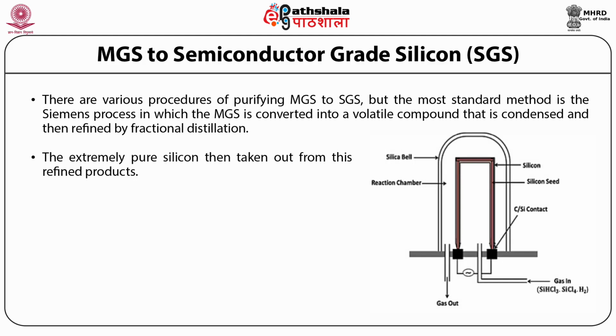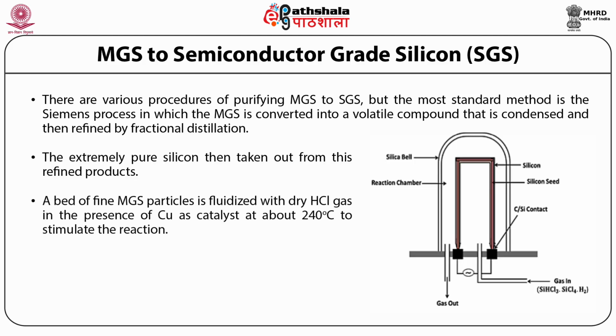The detailed procedure is that a bed of fine MGS particles is fluidized with dry HCl gas in the presence of copper as a catalyst at about 240 degrees Celsius to stimulate the reaction.